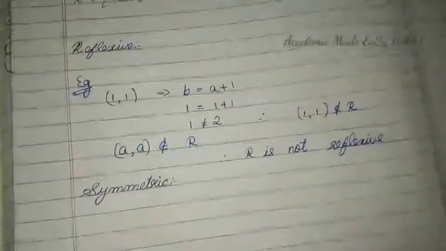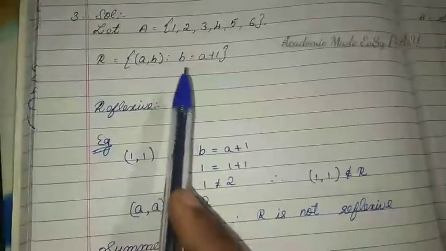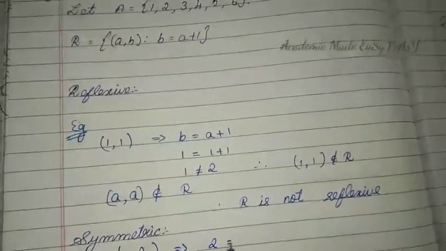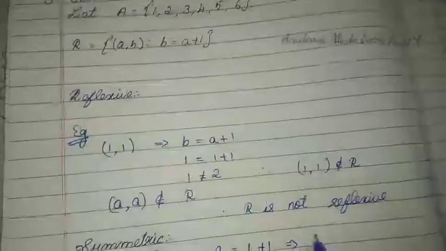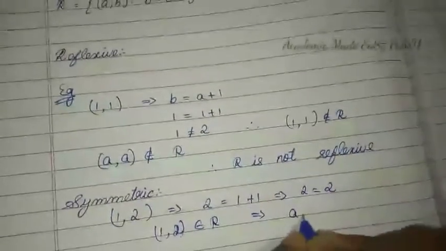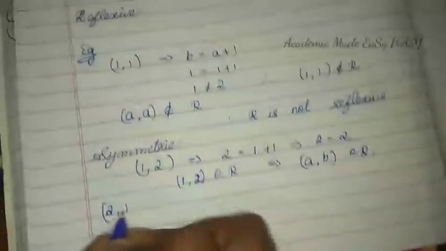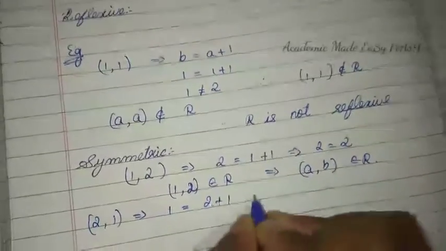Okay, so next comes symmetric. So our first condition should get satisfied, isn't it? So I will be taking (1, 2) so that my condition gets satisfied. B value is 2 is equal to a value 1 plus 1, which implies 2 is equal to 2. It means (1, 2) belongs to R. This implies (a, b) belongs to R. So if I take (2, 1), this implies 1 is equal to 2 plus 1.